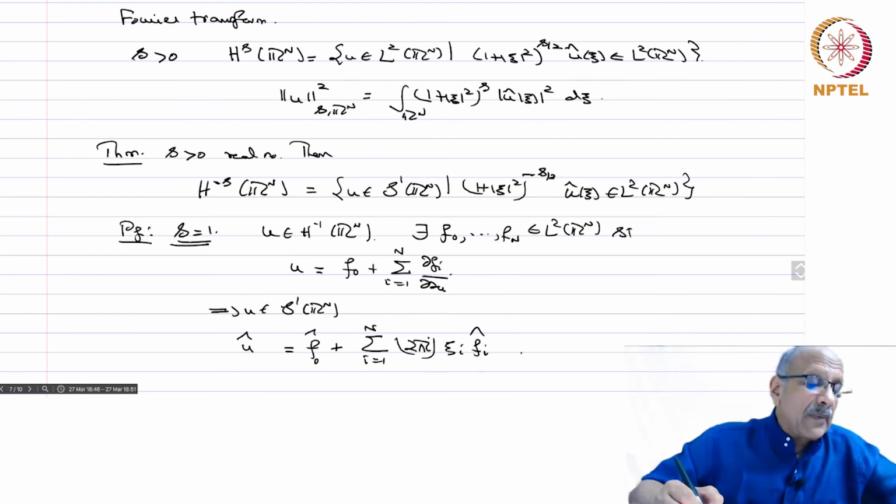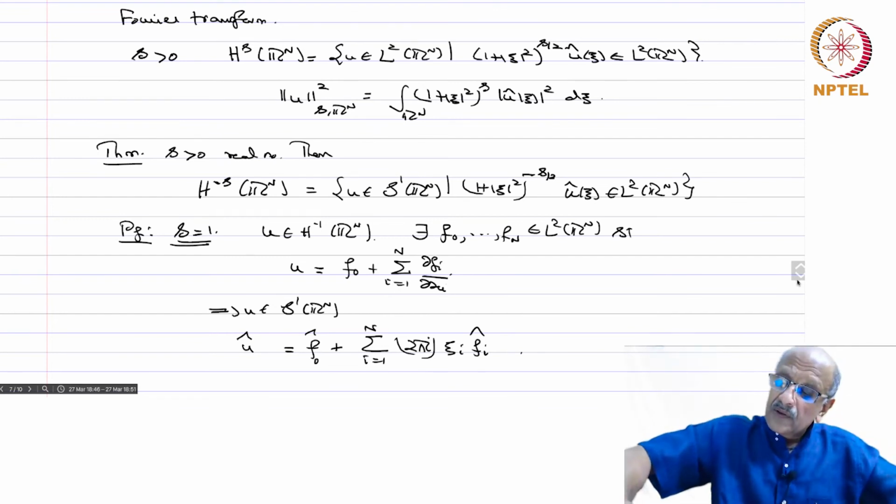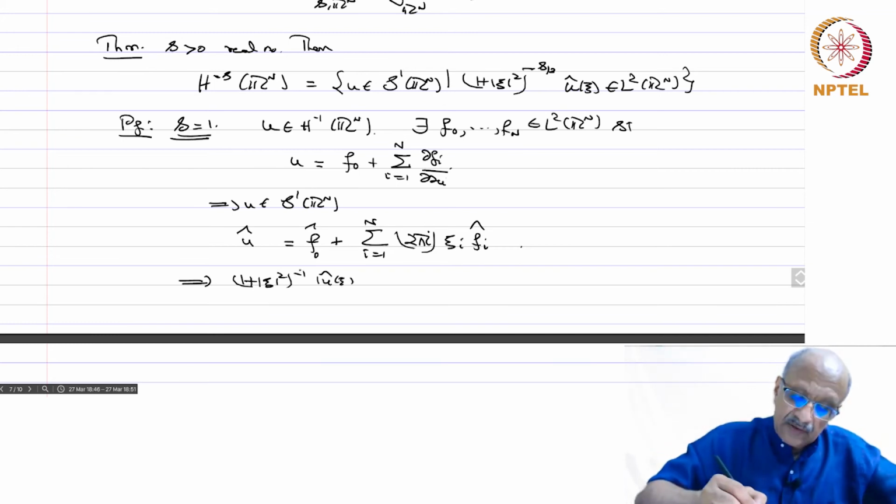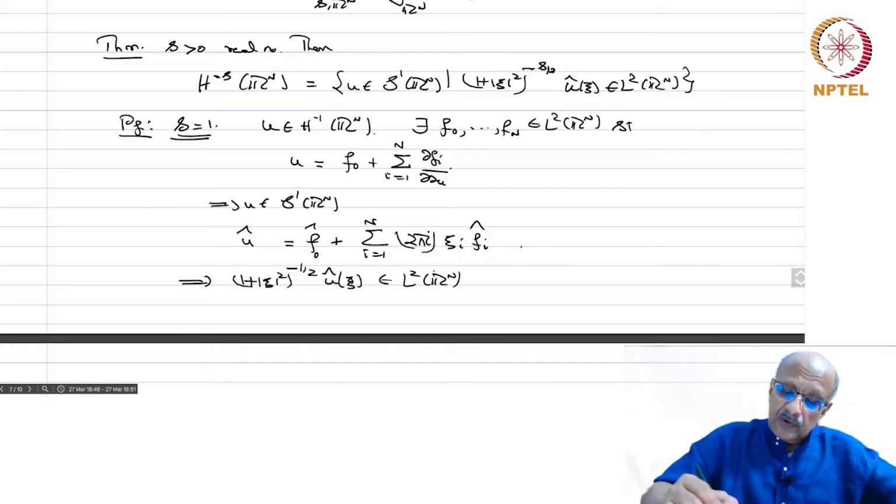So you have to multiply by this monomial. From this it is clear that (1 + |ξ|²)^(-1/2) û(ξ), sorry, is in L²(R), because if I divide by 1 + |ξ|², this will be less than 1, and the φ₀ are all square integrable, and therefore this will be integrable.